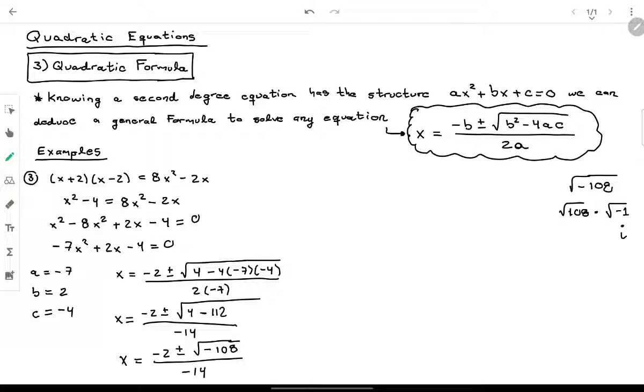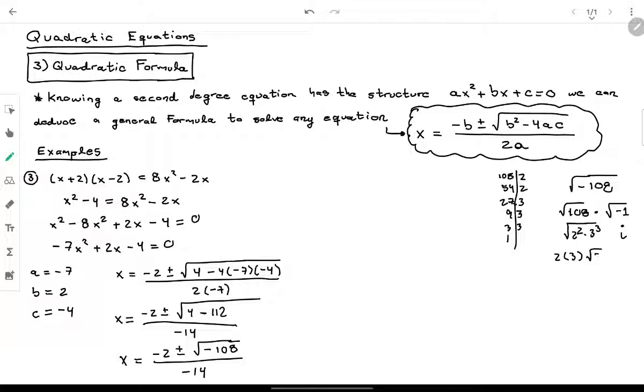If we decompose the 108, it's going to be 108 divided by 2 is 54, divided by 2 is 27, divided by 3 is 9, divided by 3 is 3, divided by 3 is 1. So it's going to be 2 squared multiplied by 3 cubed. So we can take out a 2, we can take out a 3.